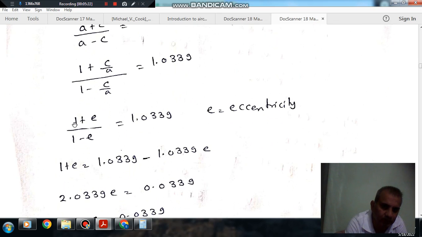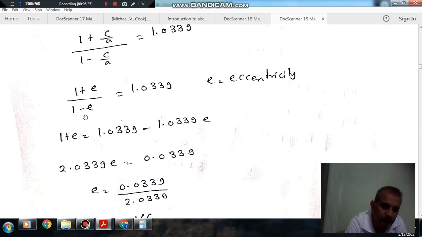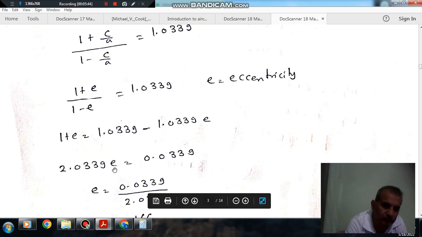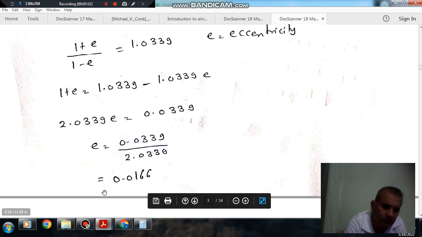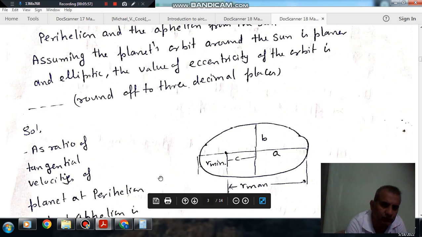As C by A is the eccentricity, that is 1 plus E over 1 minus E, equal to 1.0339. So 1 plus E equals 1.0339 minus 1.0339 E, so 2.0339 E equals 0.0339. Solving this, E comes out as 0.0166. So the eccentricity is 0.0166.